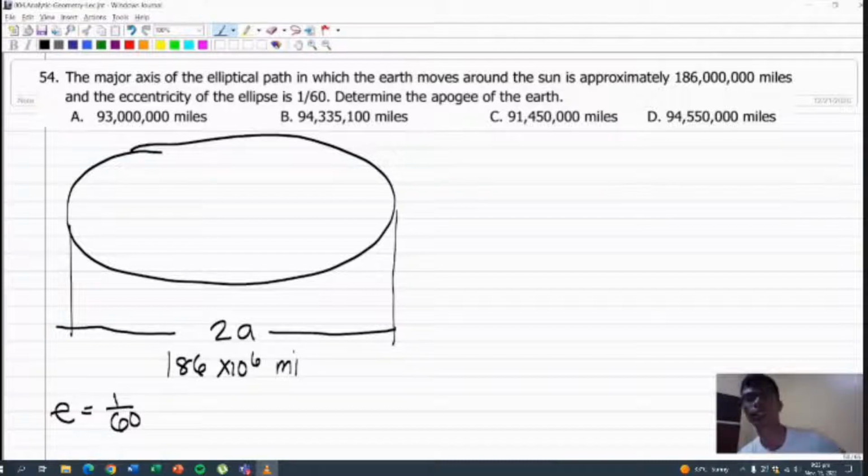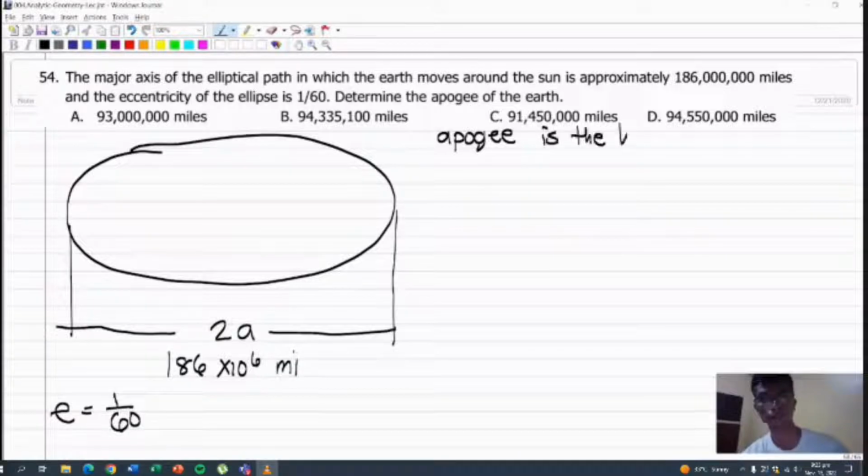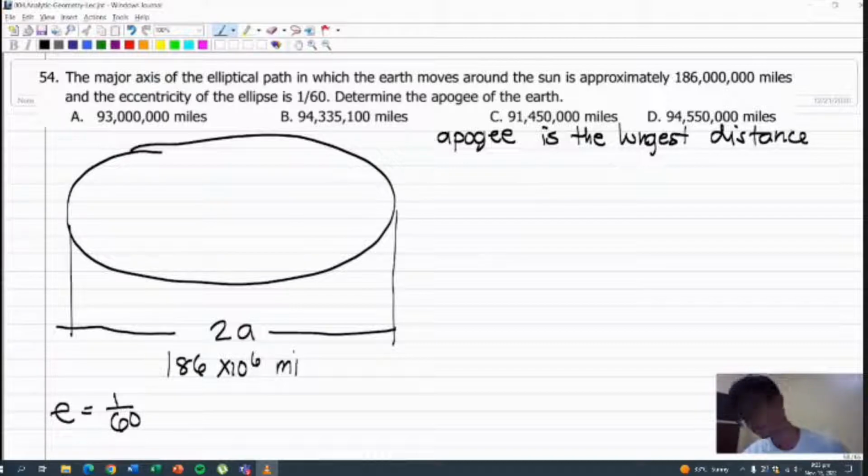So, bakit meron tayong tinatawag na apogee? Apogee is the longest distance of the Earth from Sun.